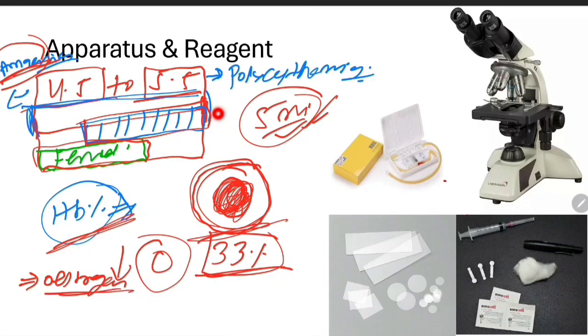So estrogen will influence the production of RBC negatively, so RBC count will be less in case of female. That's why not only is the RBC count less in the female, the hemoglobin percentage is also less, because obviously you know the answer why: RBC count is less compared to male. And the second one is obviously menstrual loss. Each and every month there will be menstrual loss, and because of that there will be anemia.